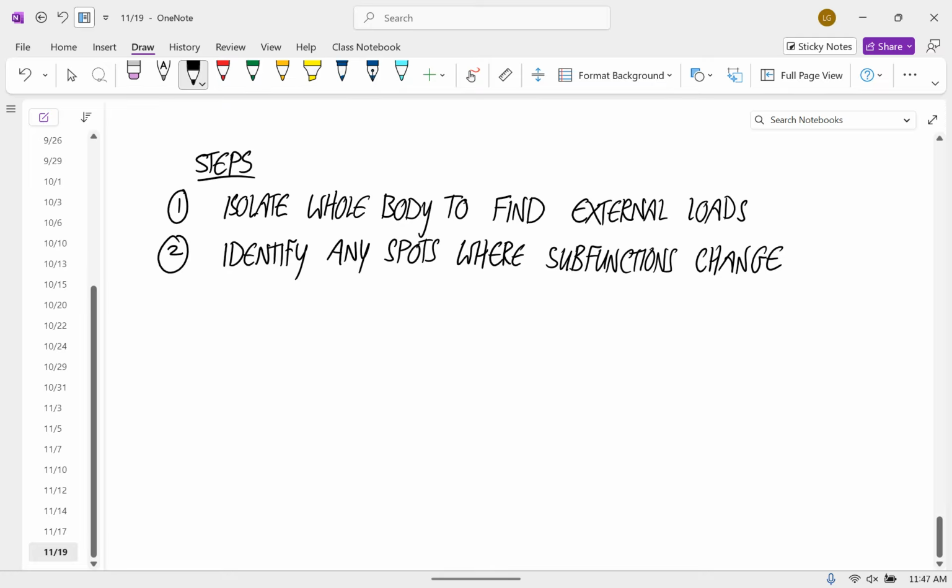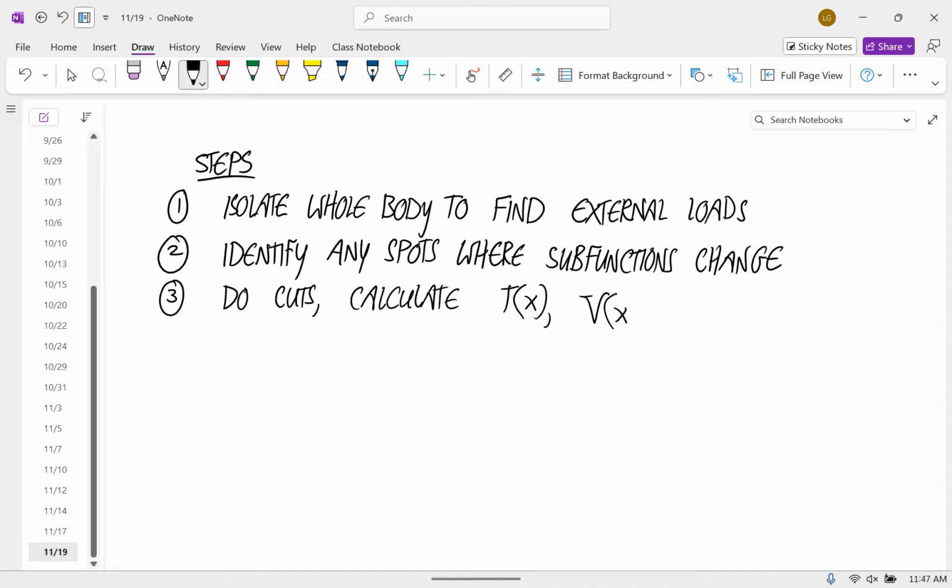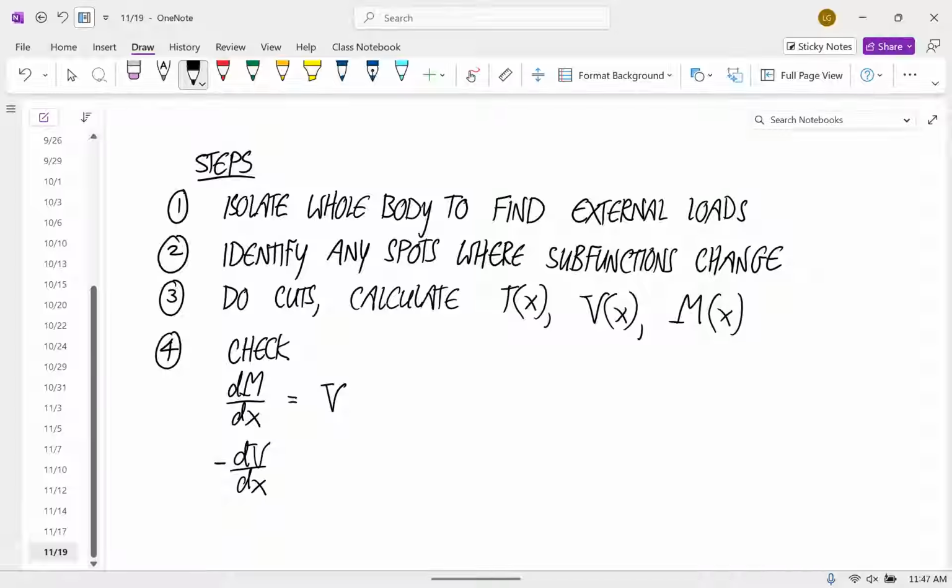Okay, do your cuts and calculate T, V, and M. And then last, do those derivative checks that say dM/dx is equal to V and negative dV/dx is equal to q.